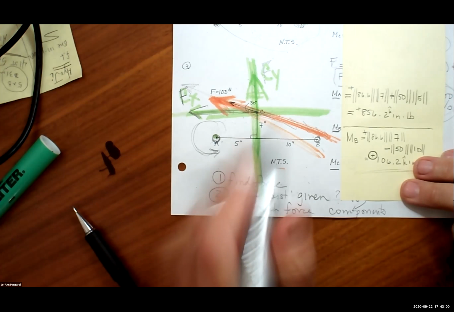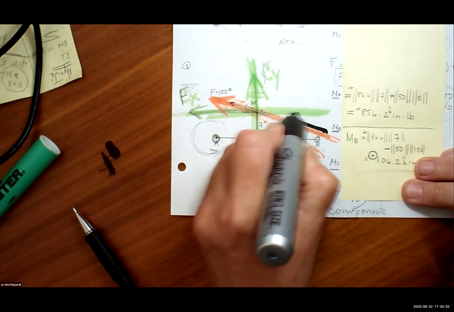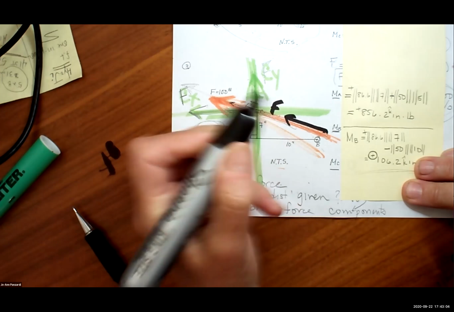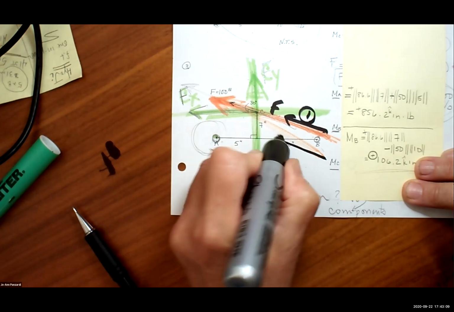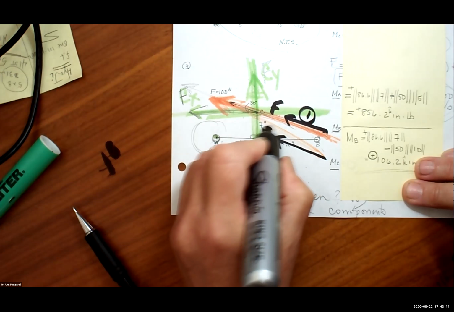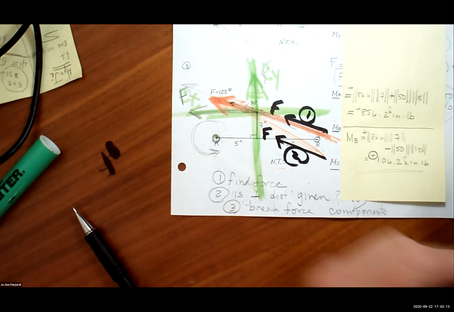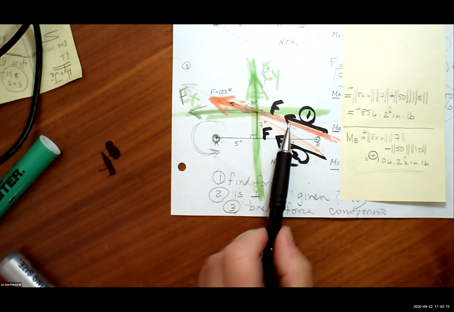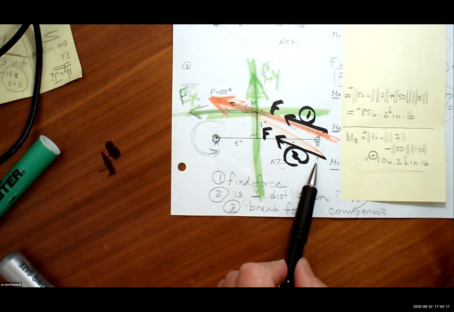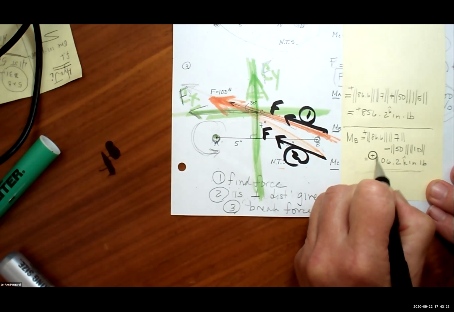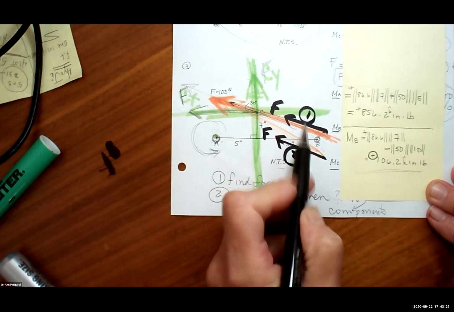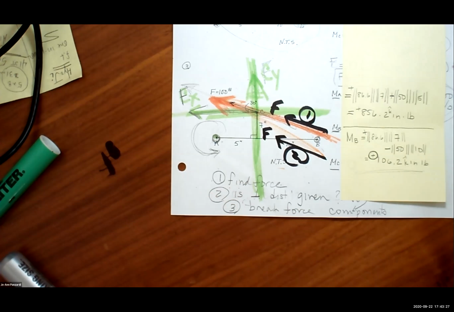Does that mean F is in position 1, or don't answer out loud? Think about it. Where is this force? Is it above B or below B? So think about it. In order to get a positive moment about point B, is this force above or below?